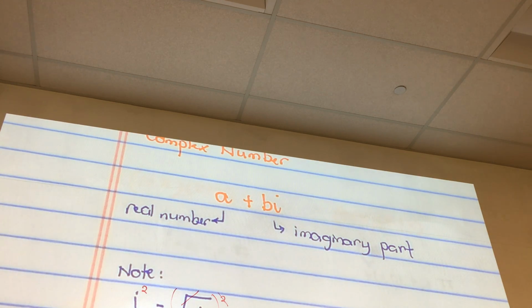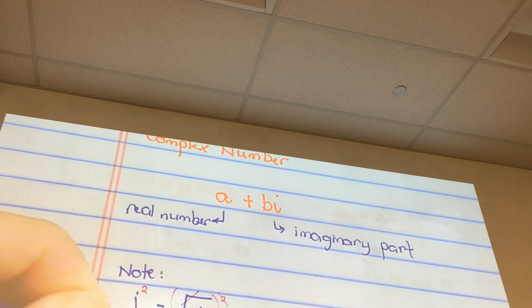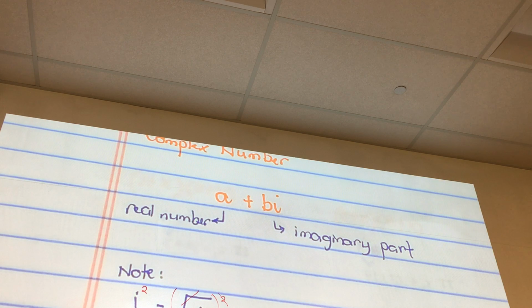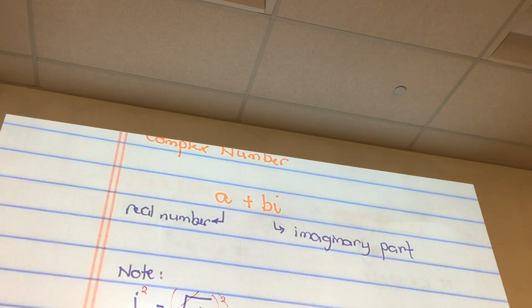So i squared is equal to -1. Let me write that down here. Any questions so far for that one?